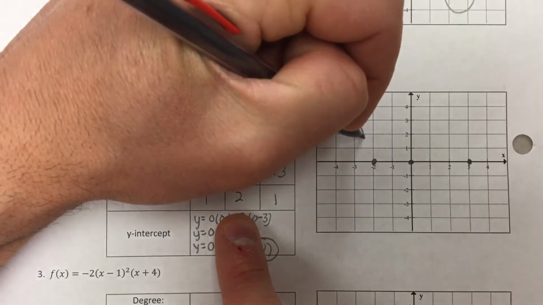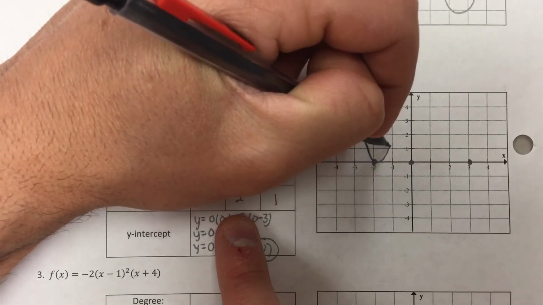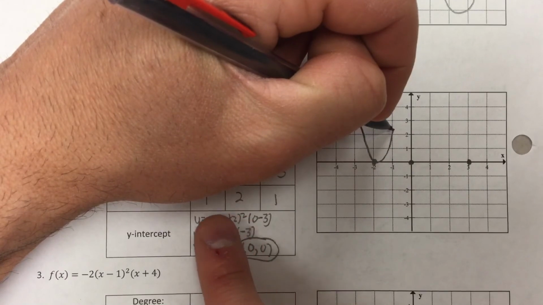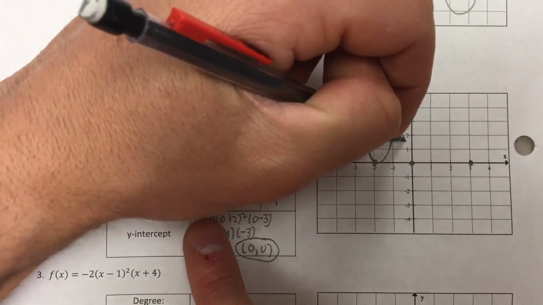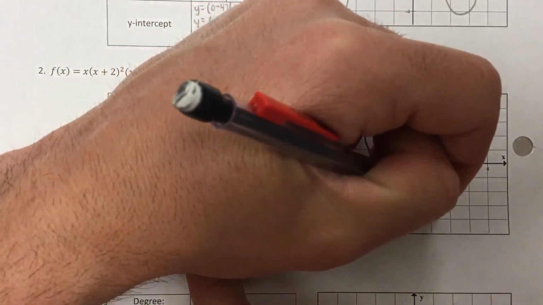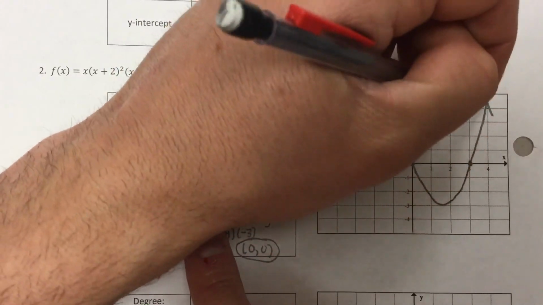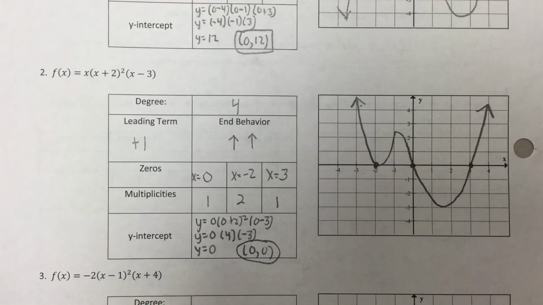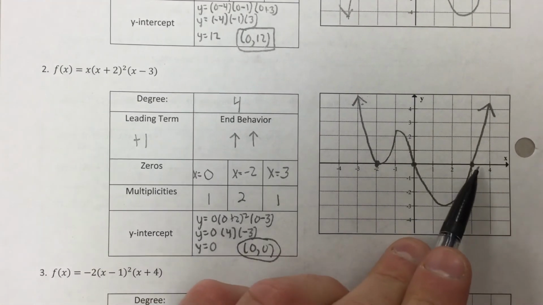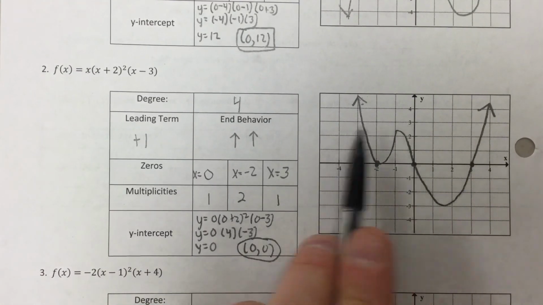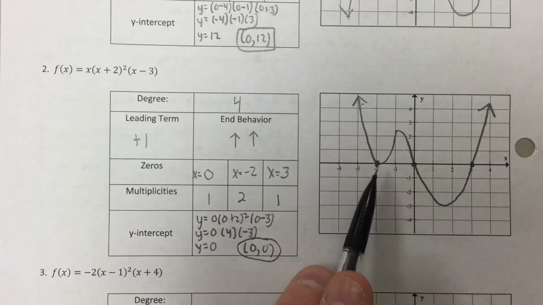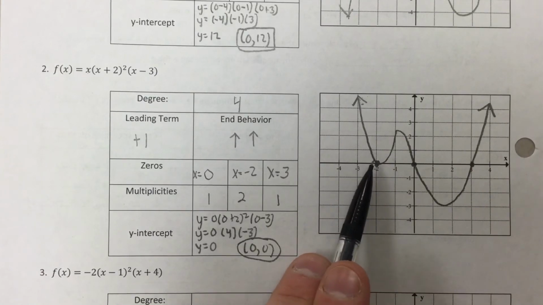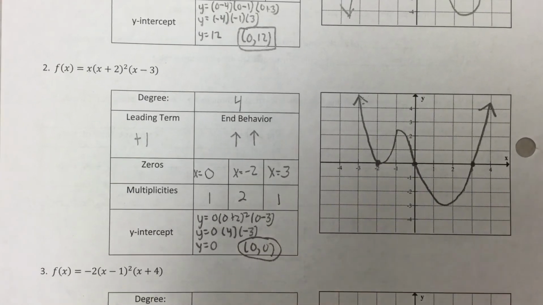So I'm going to come down, bounce off the -2, come back up. I'm going to have to cross at the 0, and then cross at the 3. So again, a couple things to quick check before your sketch. Make sure you have all the correct zeros, which I do. I have the correct end behavior, and I have the correct multiplicities. I am bouncing at the -2, crossing at the 0, crossing at the 3.